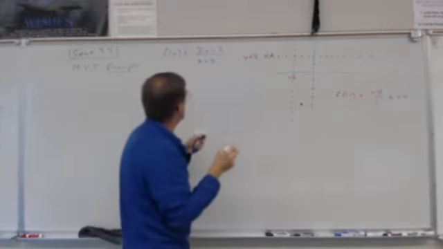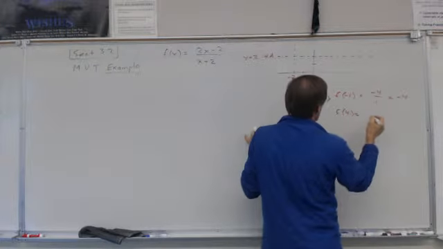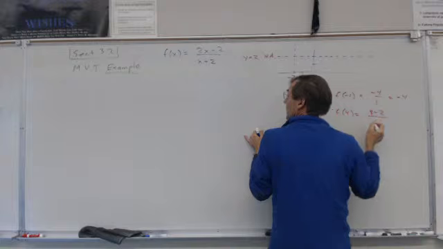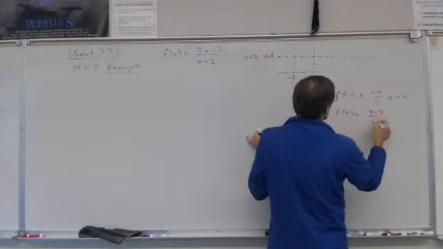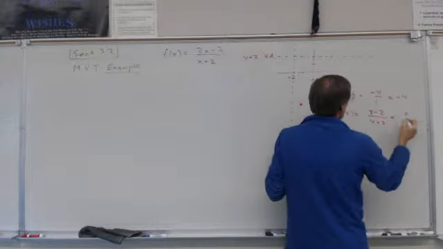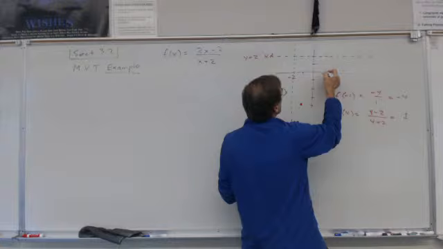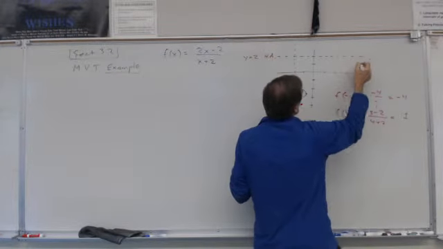And then if we put in maybe positive 4, f of 4 is going to equal 8 minus 2 over 4 plus 2. And that's going to be 6 over 6, so that'll just be 1. So here at positive 4, 1, 2, 3, 4, it's going to be 1.